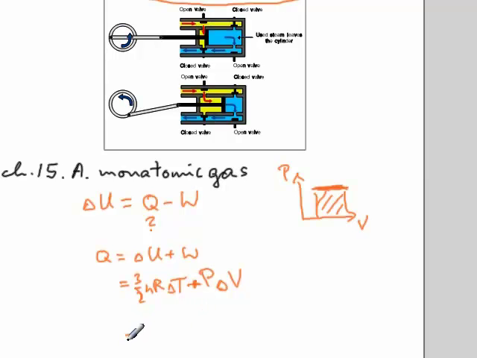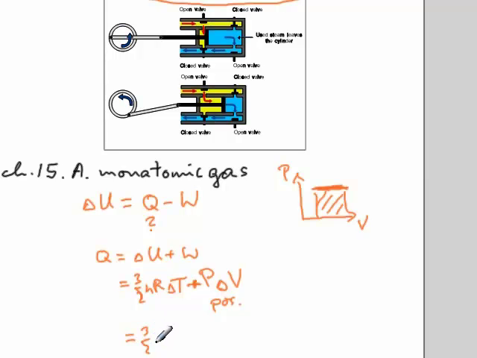At this point, we can already decide that this part here is positive because it's an expansion. The delta V, going from here to there, must be positive. The pressure is always above zero. There are no negative pressures, so this term is positive anyway, and now we have to figure out this one. For this one, I'm going to use the ideal gas law.